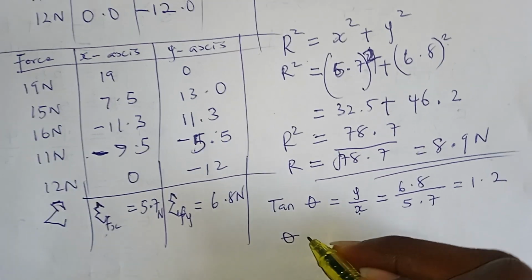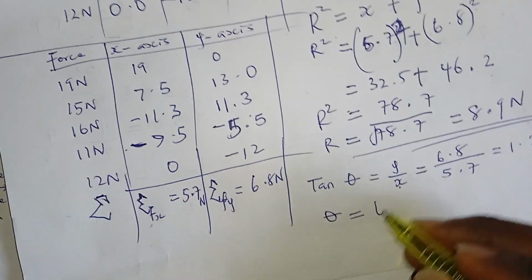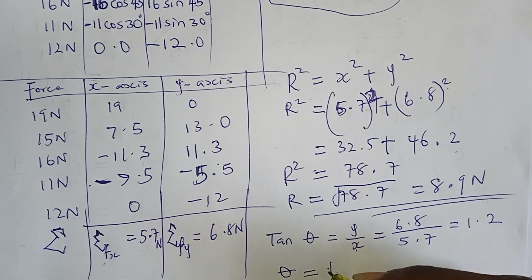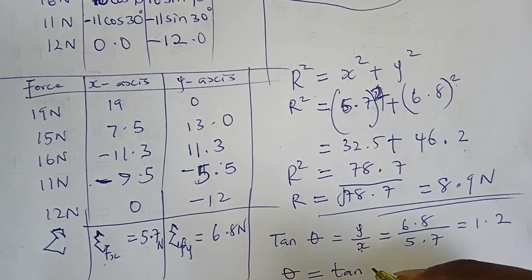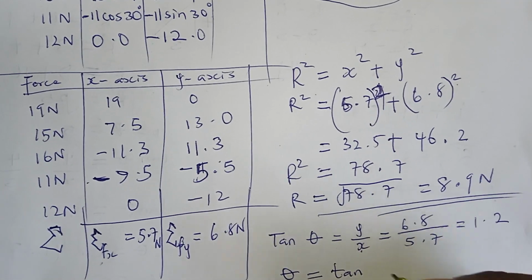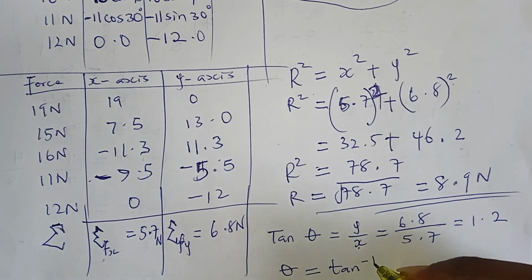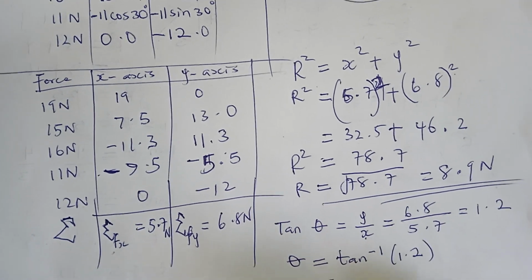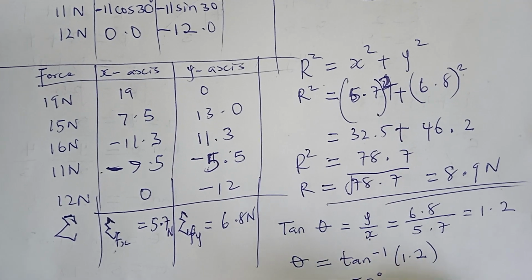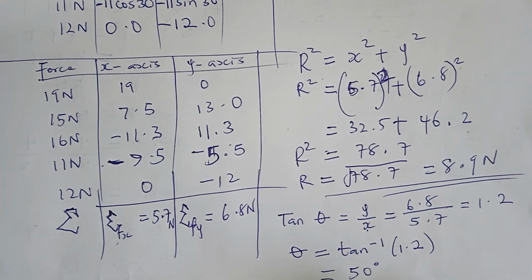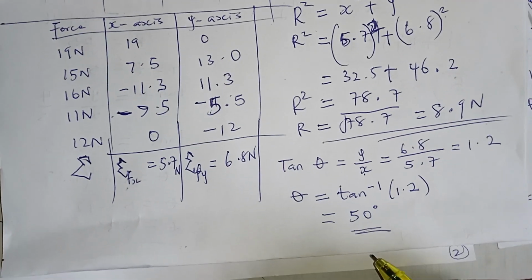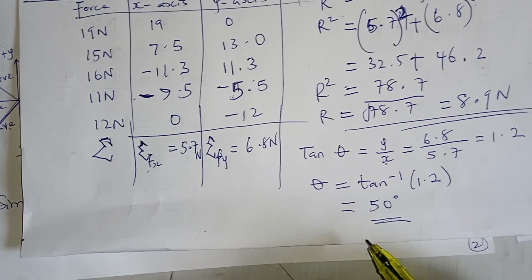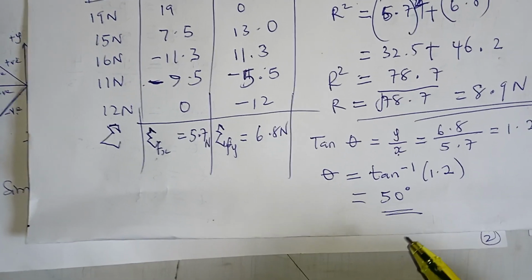So theta equals tan inverse of 1.2, which is the same thing as saying 50 degrees. So the angle between them, the angle between the two forces, is 50 degrees.